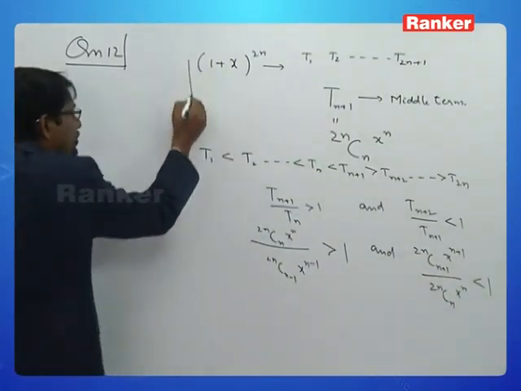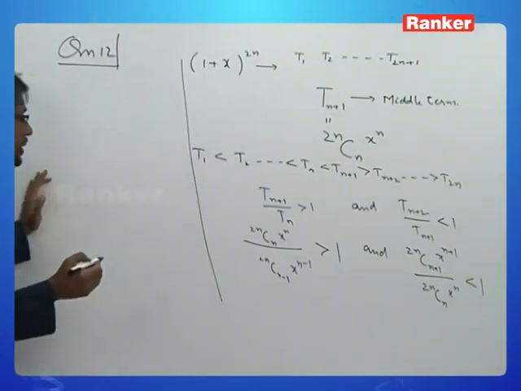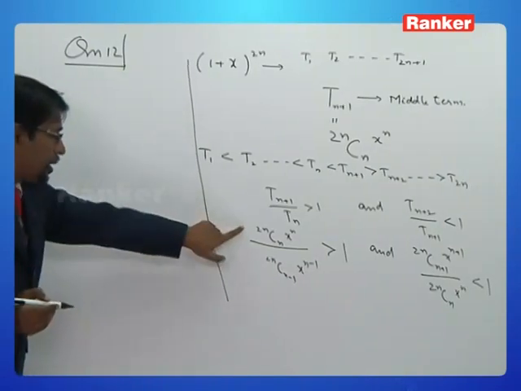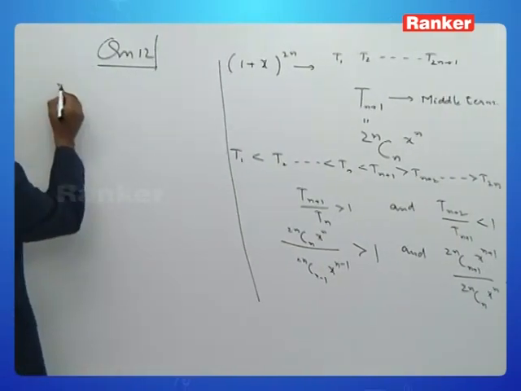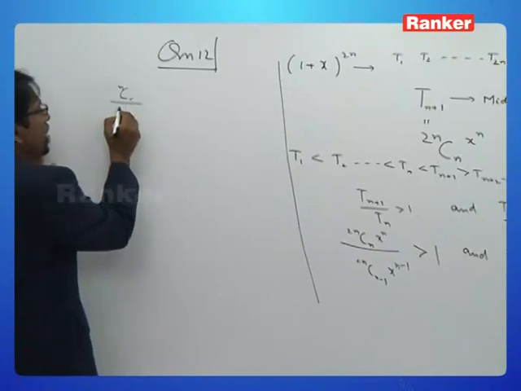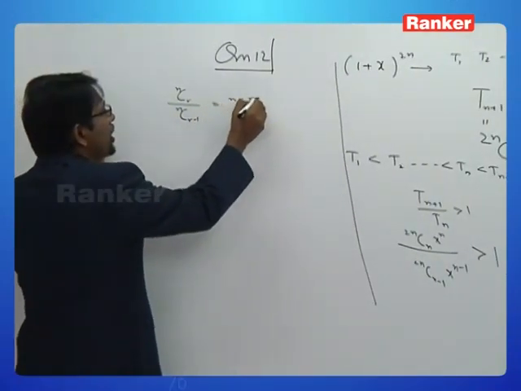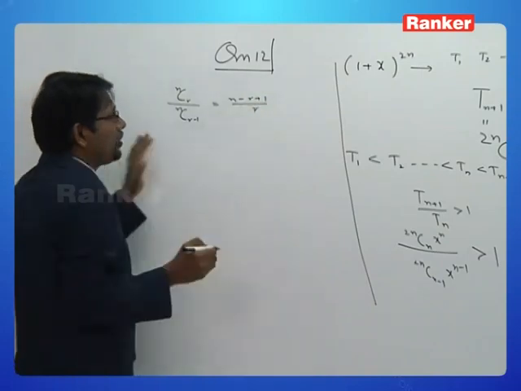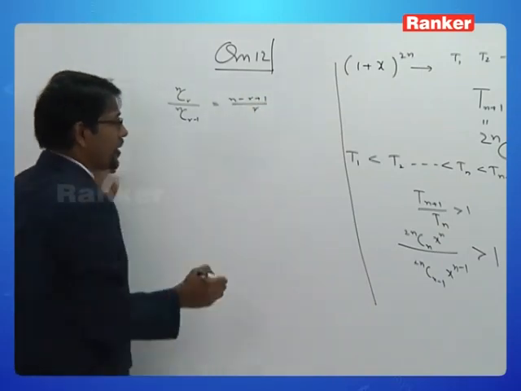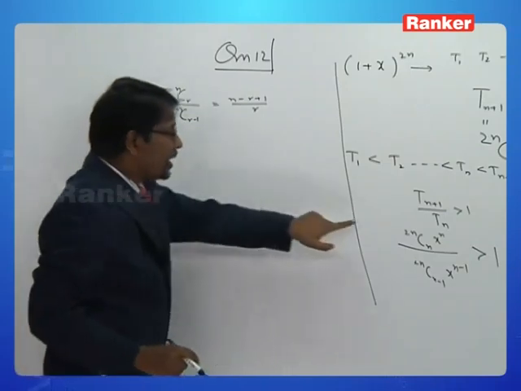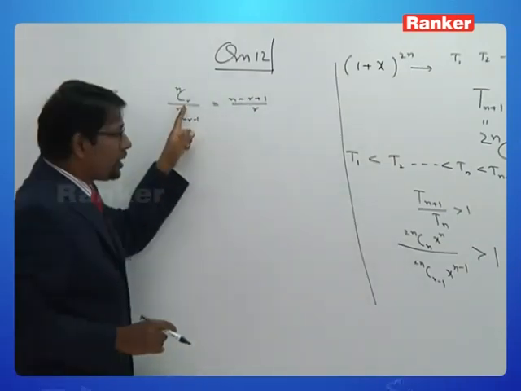Now from here, let us observe this formula: nCr by nCr-1 is equal to (n-r+1) by r. We can repeatedly use that here. Now instead of n we have 2n, and instead of r we have n.